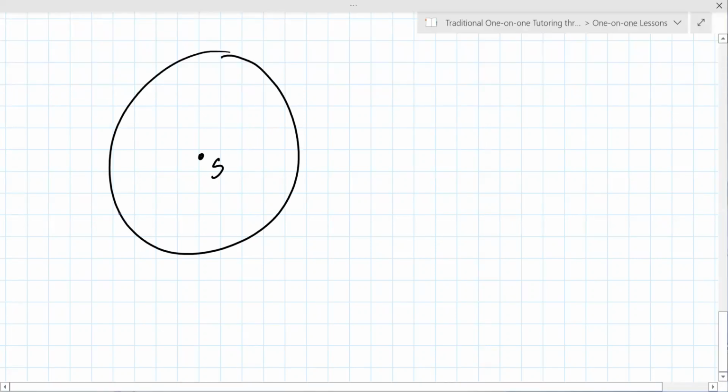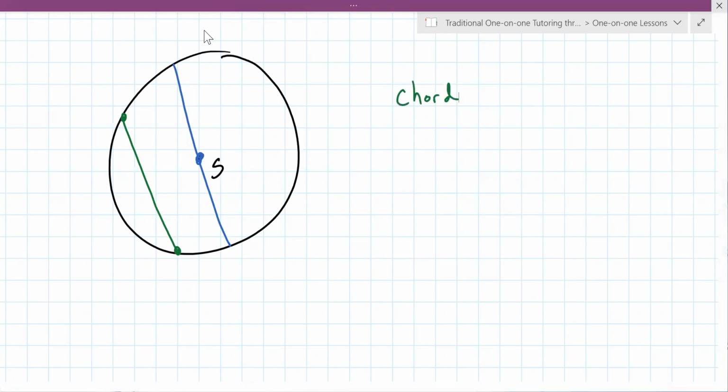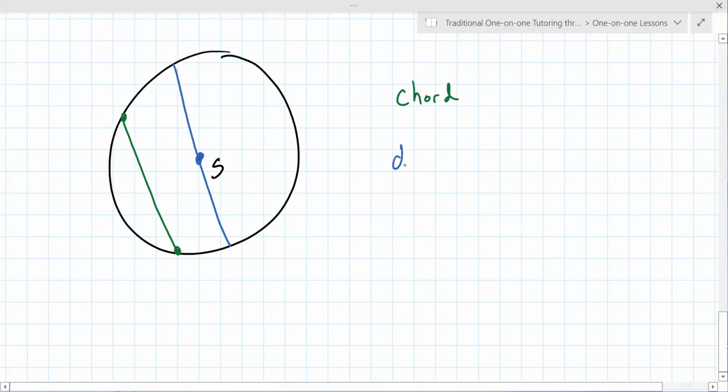I'm going to draw this line in blue, and that is going through the center, by the way. And I'm going to draw another line in green. The green one is a chord. The blue one is a diameter.